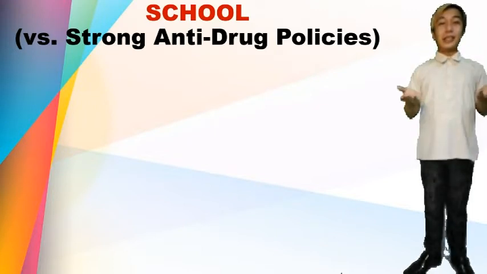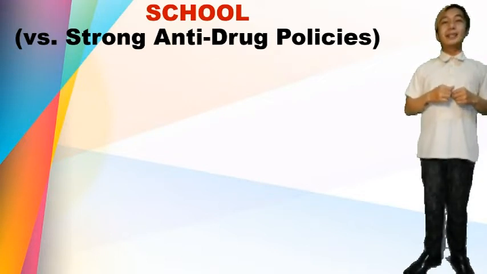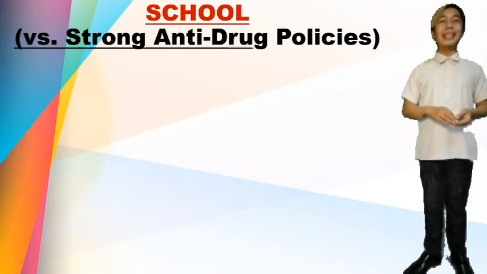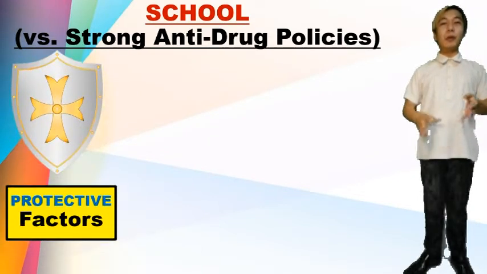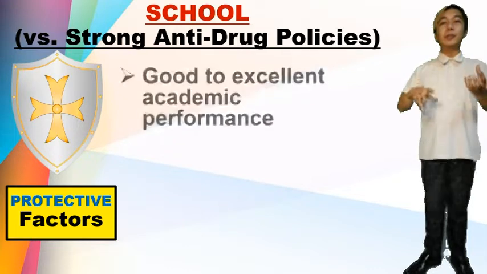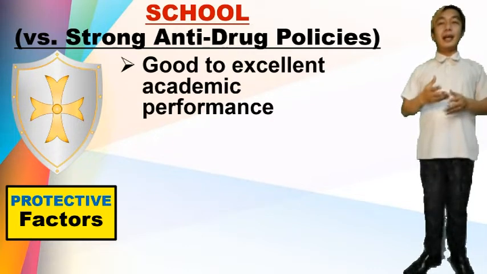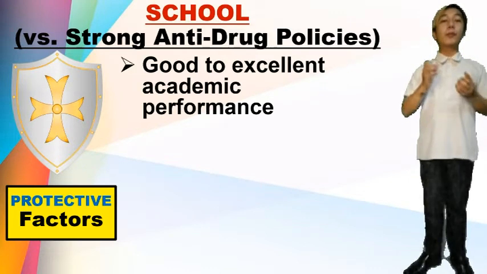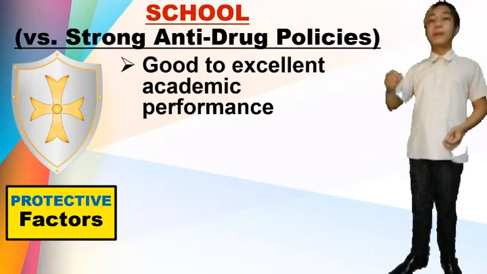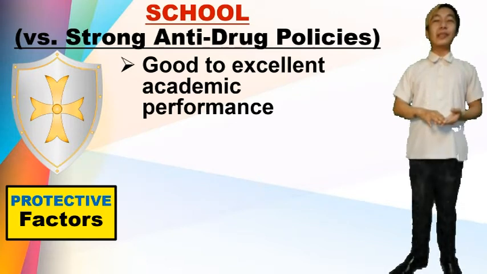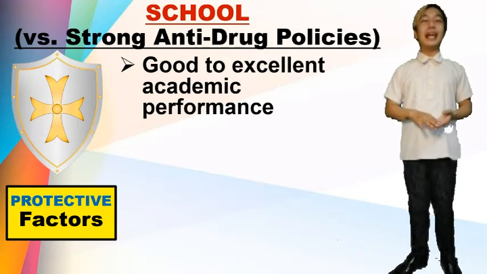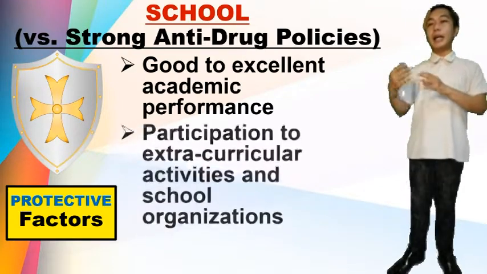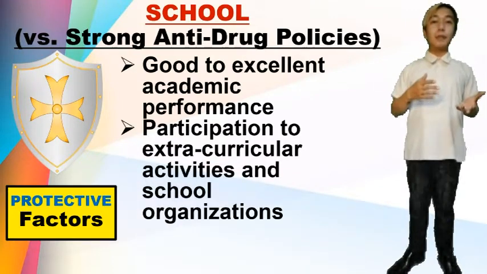Okay, your answers are correct. So number one is good to excellent academic performance. If you are performing well, it boosts your attentiveness, your willingness, your eagerness to perform more. Number two, participation in extracurricular activities and school organizations. For example, if you are physically active, you can join the athletes in playing different games.